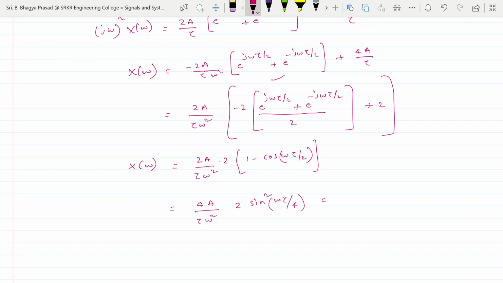So I will write this 4 to the denominator side.